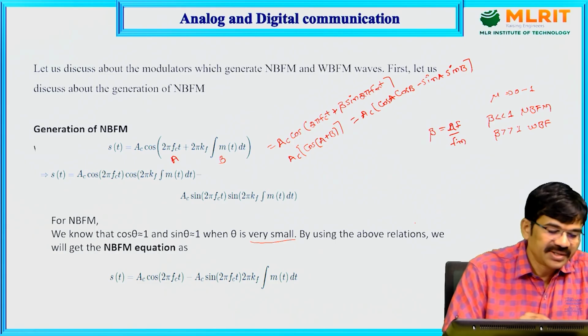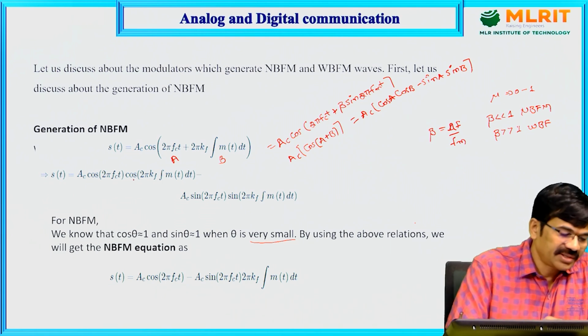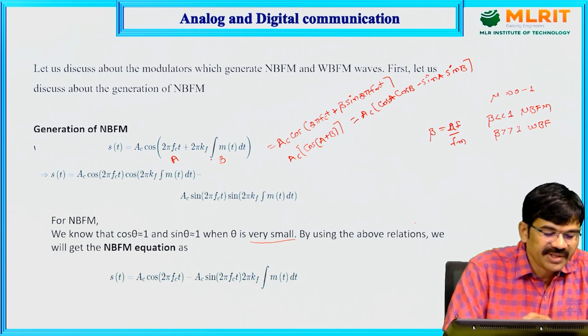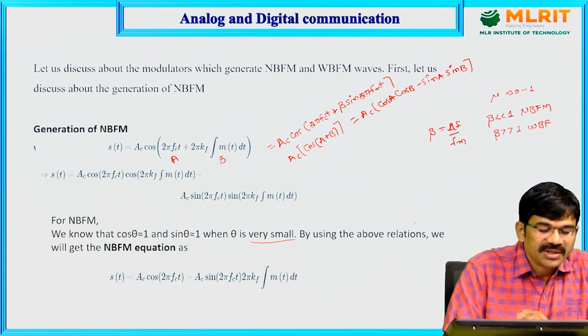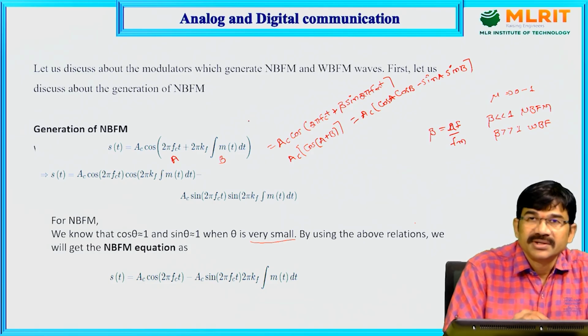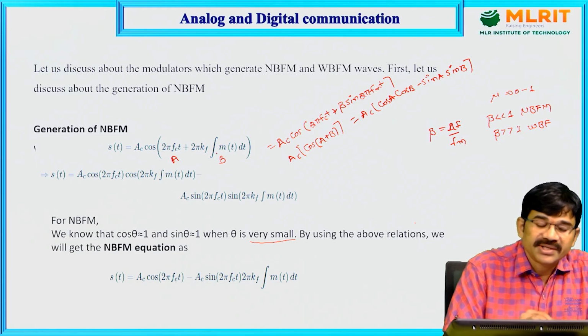The other way of expression is beta sin 2 pi fm t. Here, the integral of m of t dt is the integral of cos omega m t dt, which is cos 2 pi fm t dt.